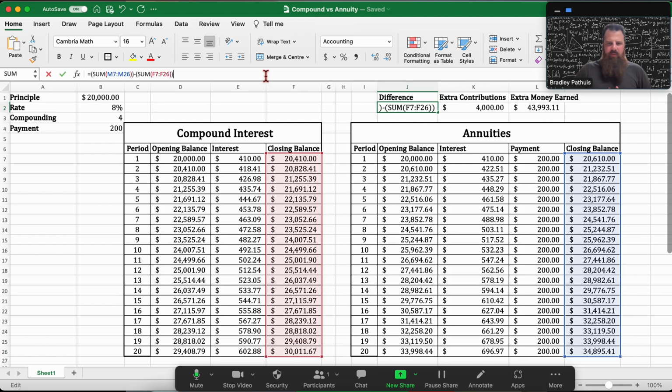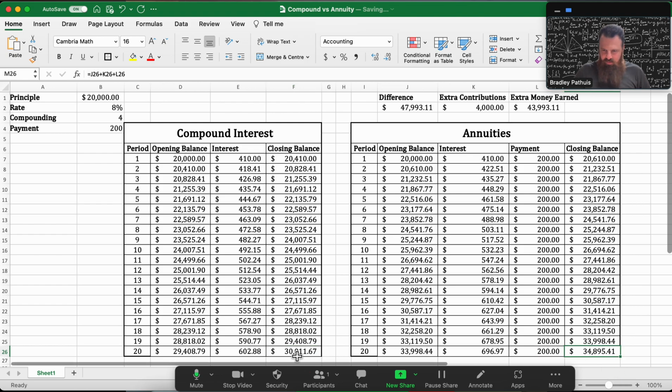Anyway, we can see that the difference between these two amounts is about $4,894.